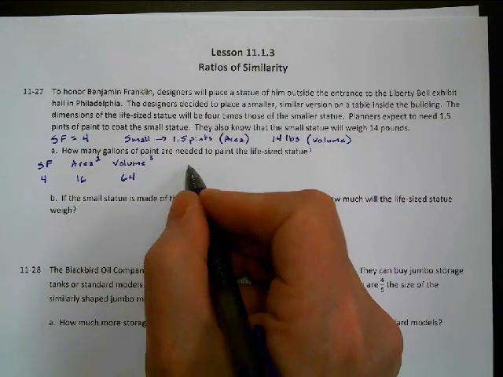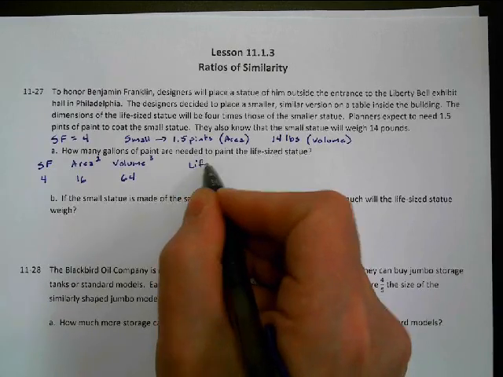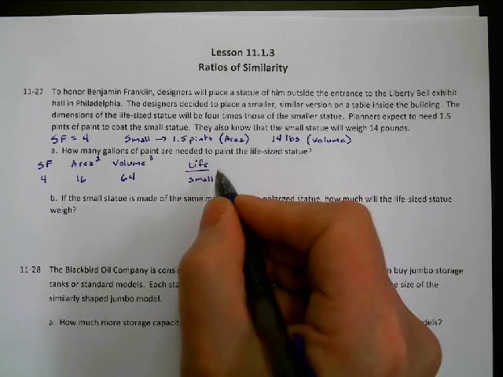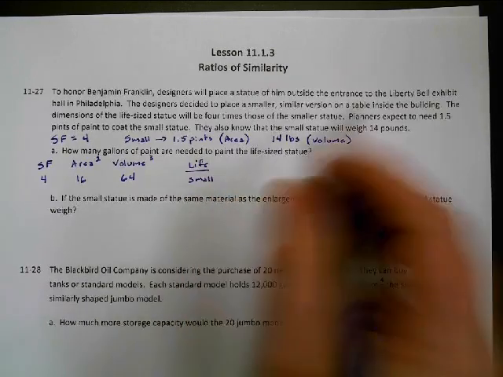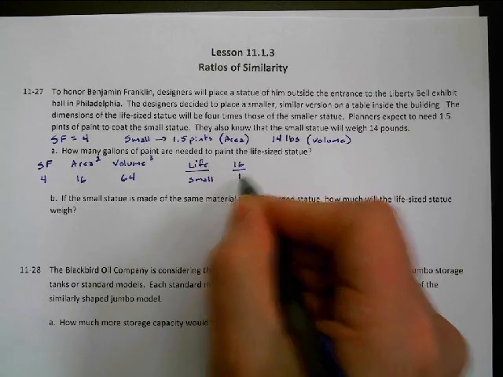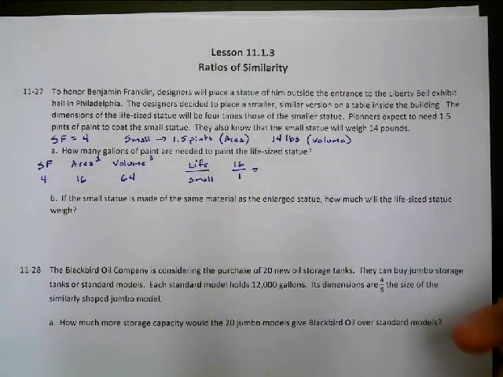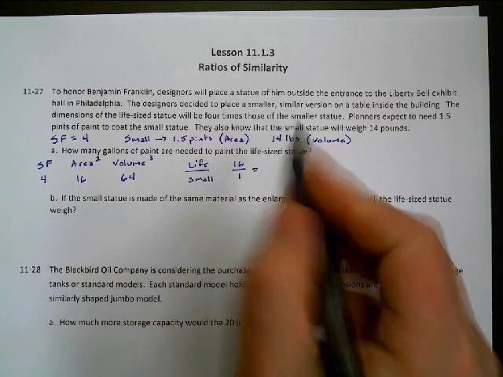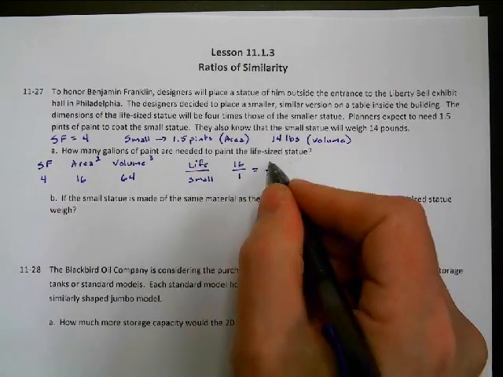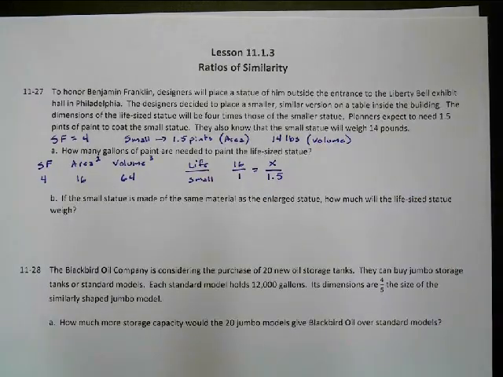So if we're comparing the life-sized model to the smaller model, the ratio of these two, looking at the area, should be 16 over 1. Now we know that the small one has 1.5 pints of paint. And we don't know how much the life-size one would have.